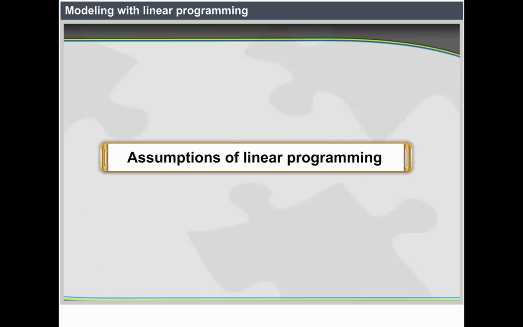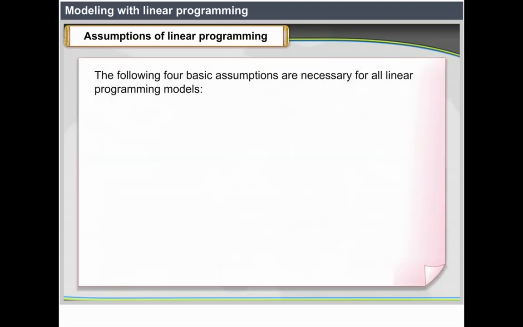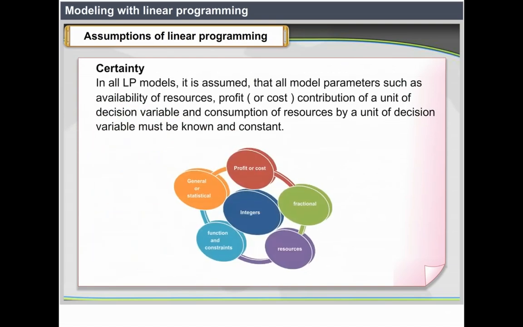Assumptions of linear programming. The following four basic assumptions are necessary for all linear programming models. Certainty. In all linear programming models, it is assumed that all model parameters such as availability of resource, profit or cost, contribution of a unit of decision variable, and consumption of resources by a unit of decision variable must be known and constant.